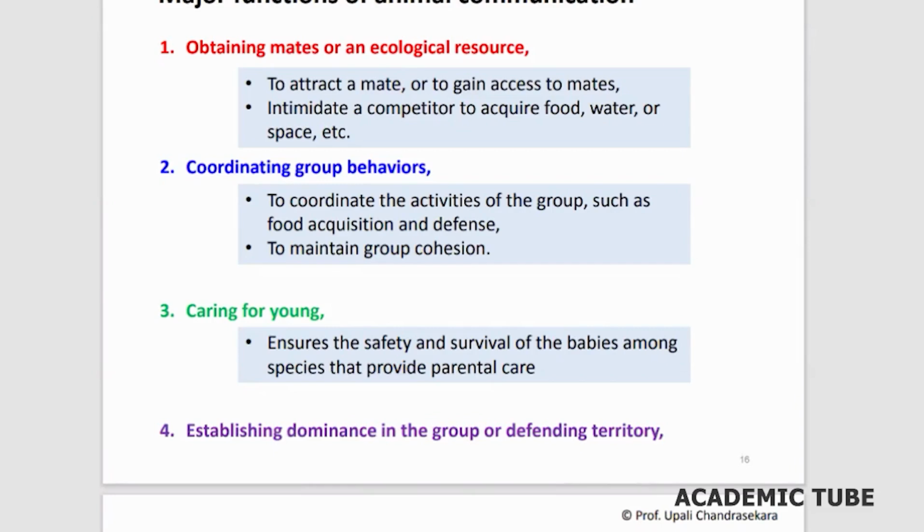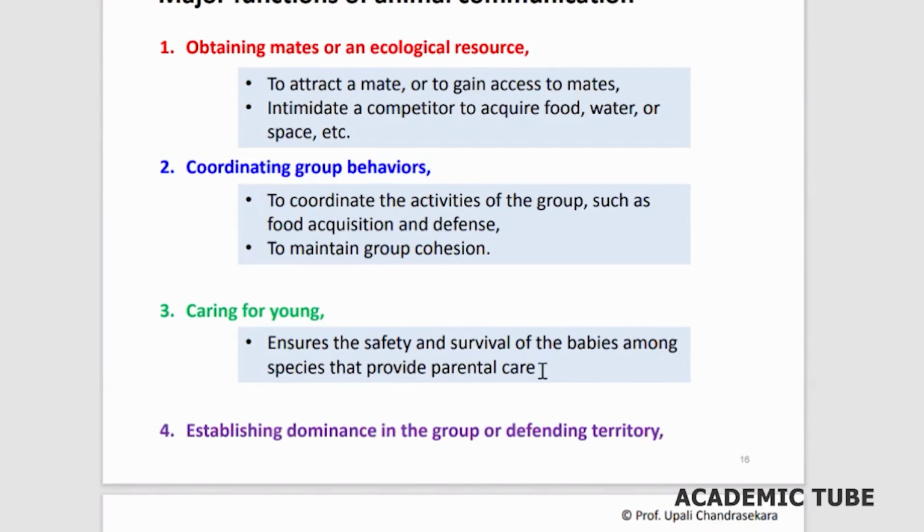Then coordinating group behavior. In order to live as a group, then again communication is necessary. And then communication is necessary for the care of the young, right? Ensures safety and survival of the babies among species that provide parental care, right?